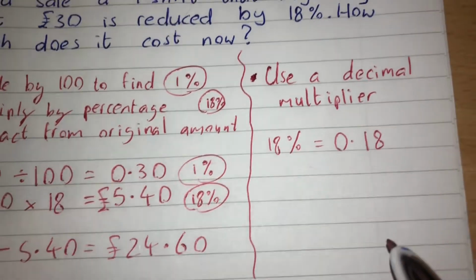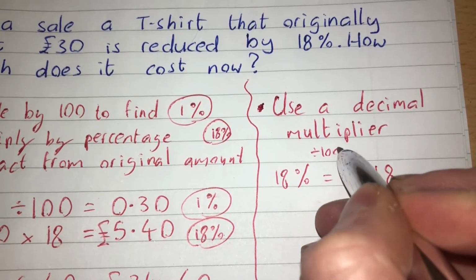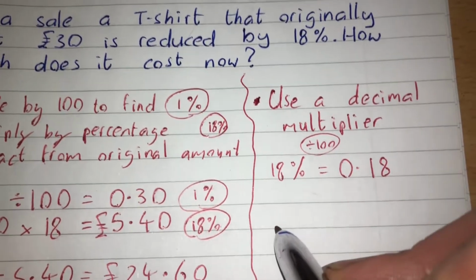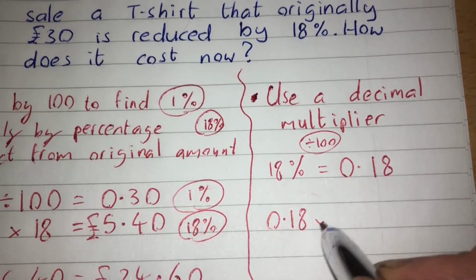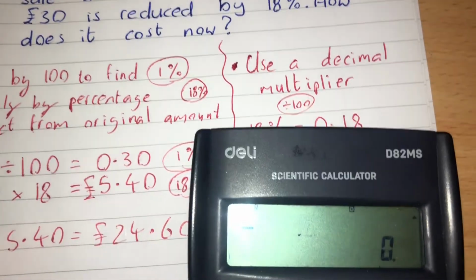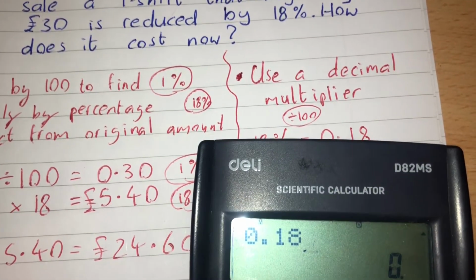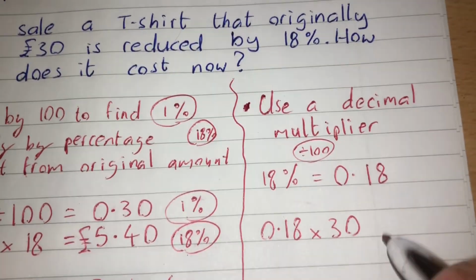Remember from the last video, if you ever want to change a percentage into a decimal, just divide it by 100. And to find 18% using a decimal multiplier, we just do 0.18 times the original amount, which is 30. And again, that should give us the same amount. So 0.18 times 30 again equals 5.4, which is £5.40.